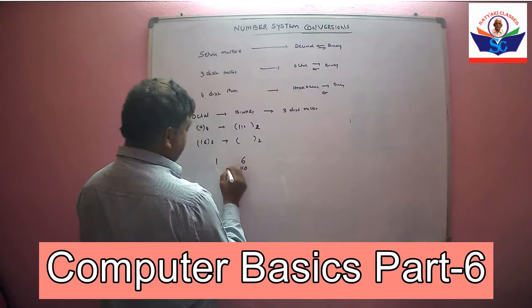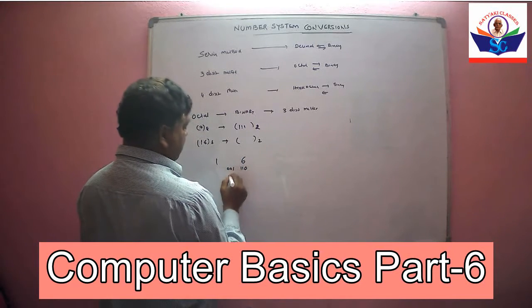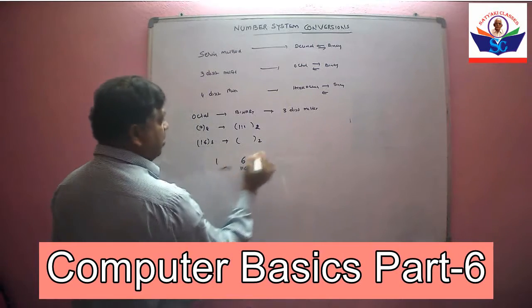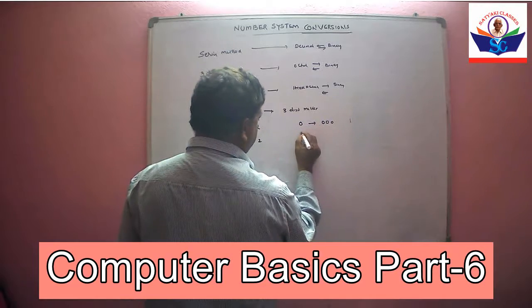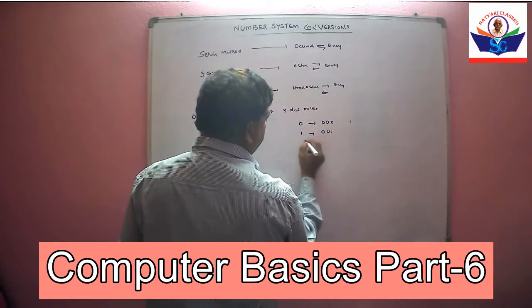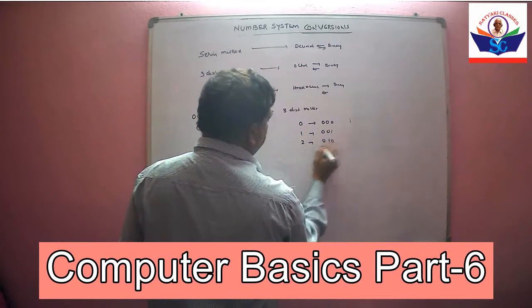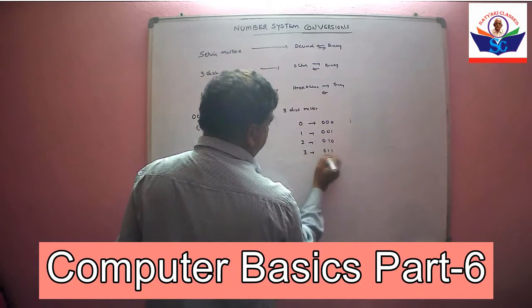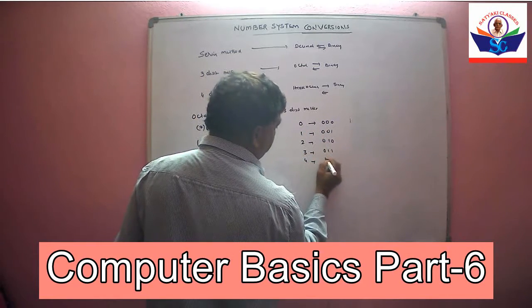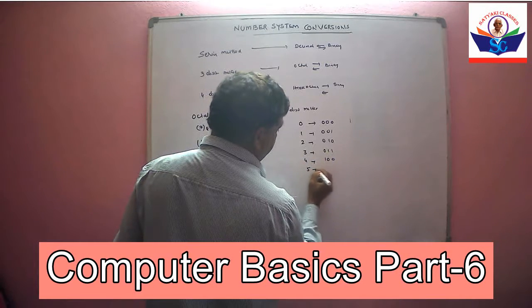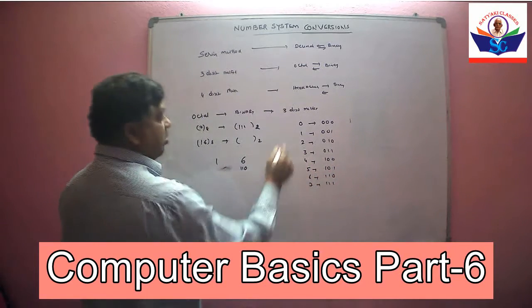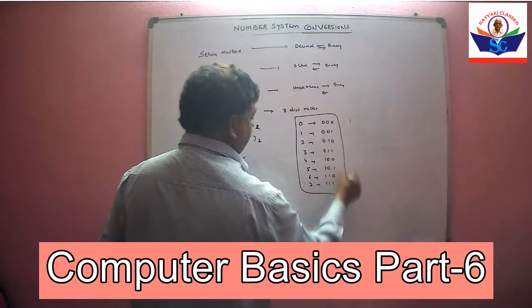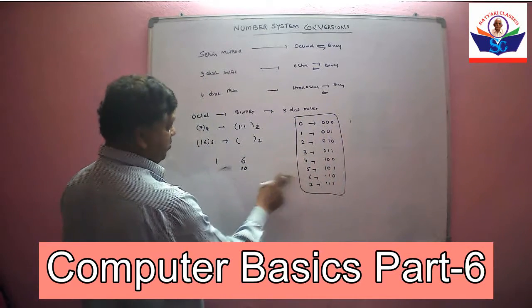What about 1? 0 0 1. For 0, it is 3 zeros. 1 is 0 0 1, 2 is 0 1 0, 3 is 0 1 1, 4 is 1 0 0, 5 is 1 0 1, 6 is 1 1 0, 7 is 1 1 1. This is the chart. For 6, it is 1 1 0. For 1, it is 0 0 1.